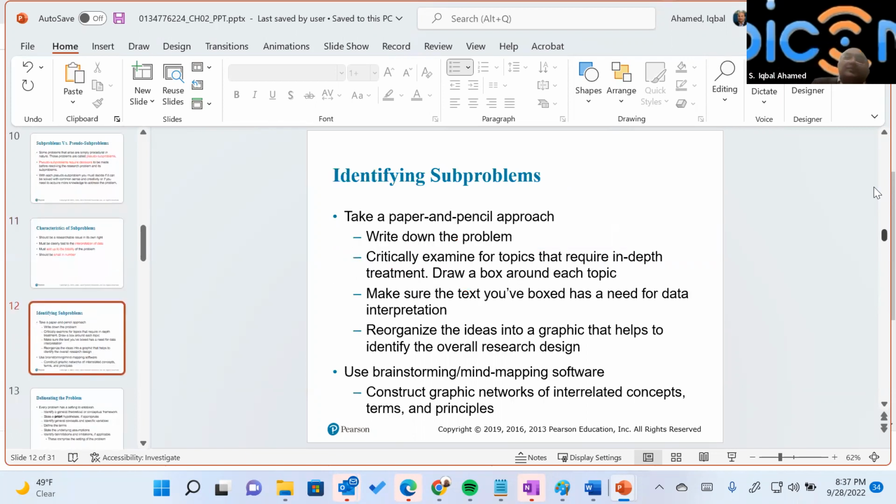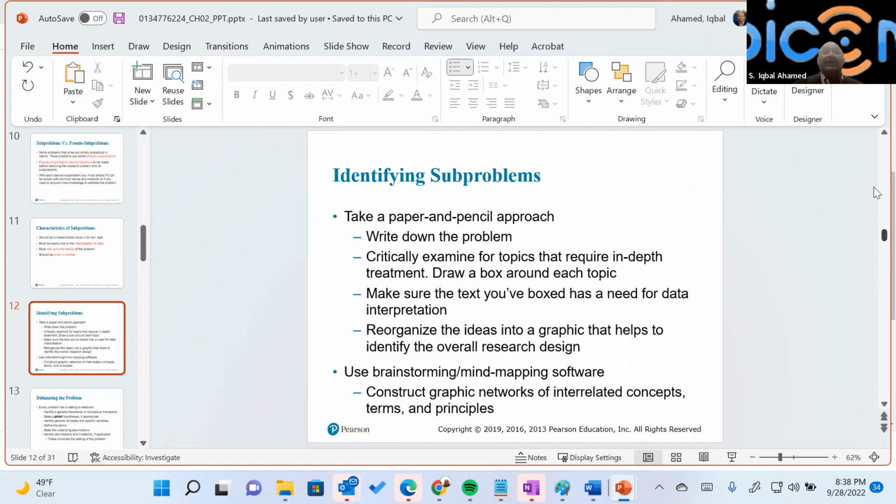Okay, so how do you identify the sub-problems? There is no straightforward way. What we do is we start with a pen and pencil approach. Write down the problem, and for that particular problem, see what is inside that problem: subtopics, topics.